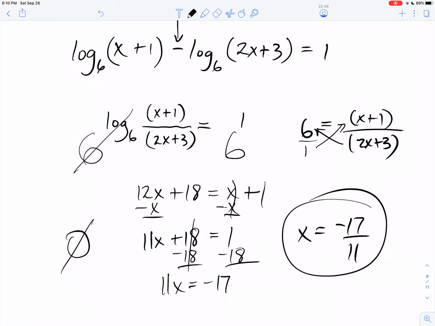And the reason is real simple. And it comes from day one. Day one. Can we take the log of a negative number? And the answer is no, we cannot. So if I plug negative 17 elevenths in here, well, I would get the log of negative 17 elevenths plus 1, which is 11 elevenths.